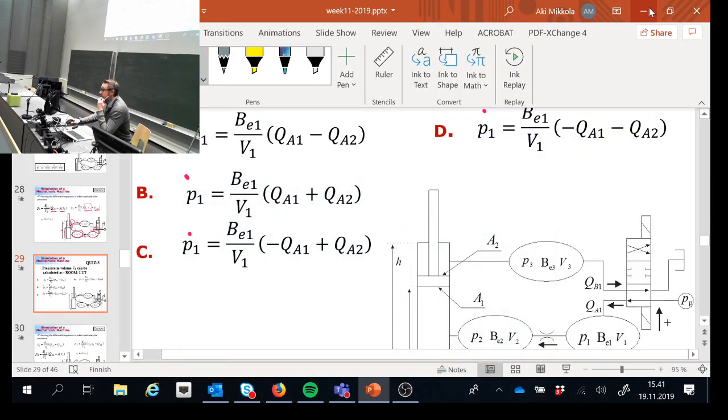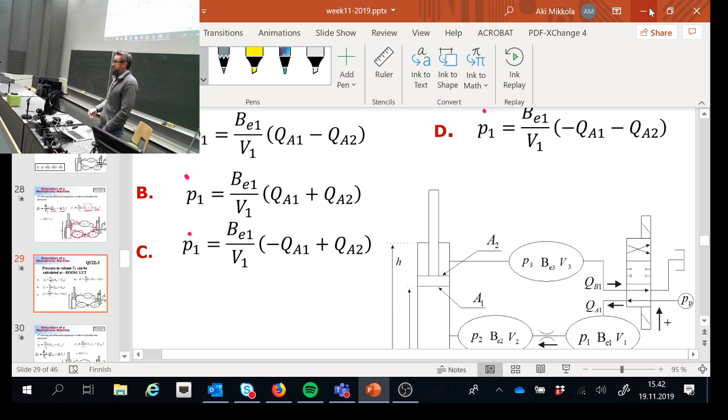So the last one. Maybe this is too difficult. Is it? What do you say? Now the thing is that I cannot move from this slide because as soon as I move on in my example, I will release the correct answer.